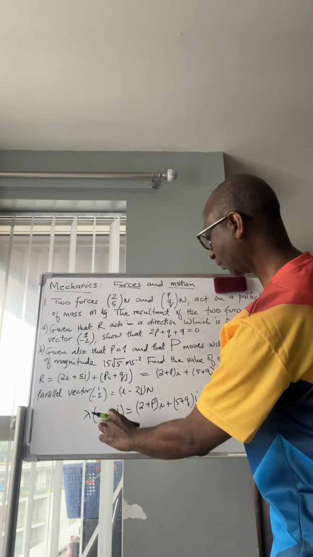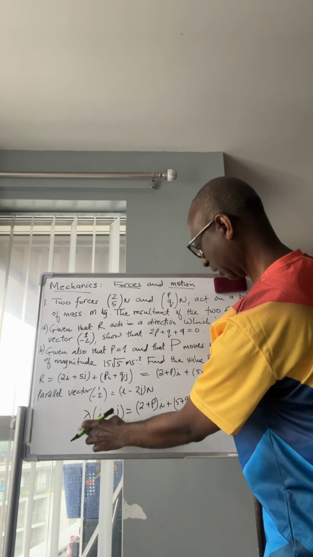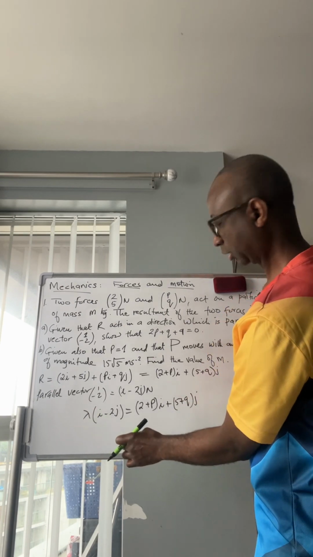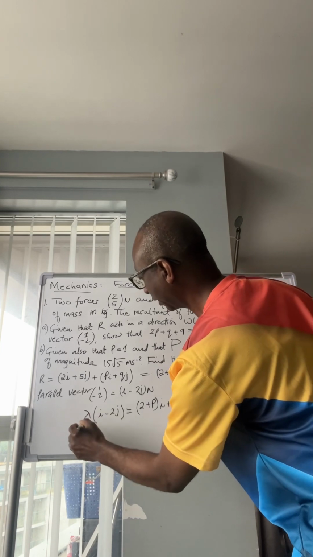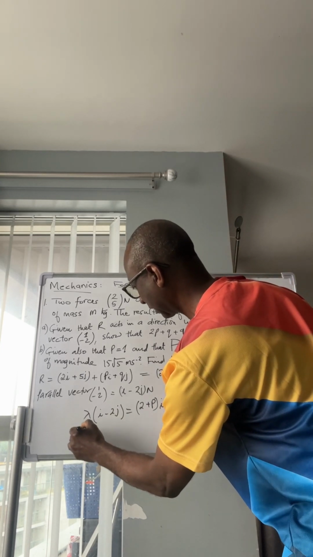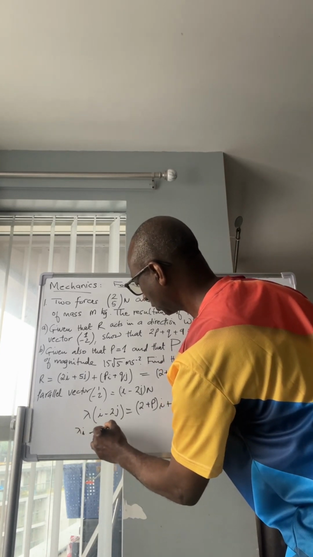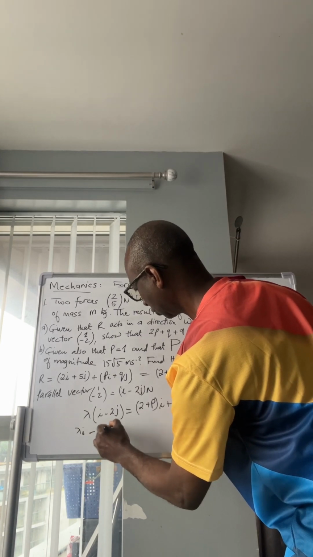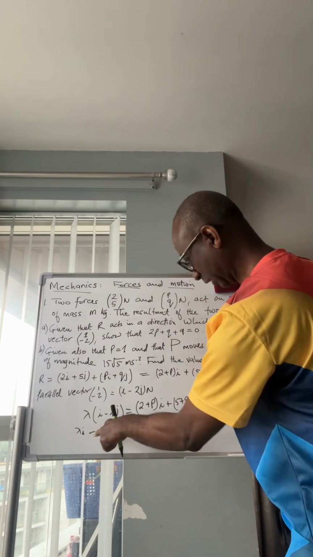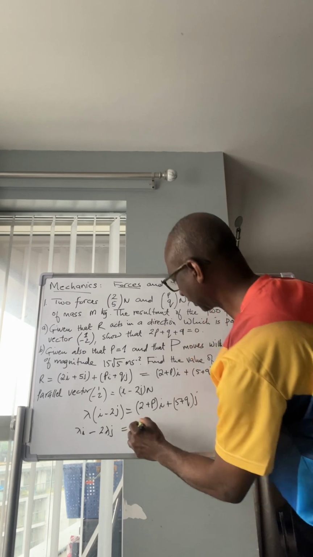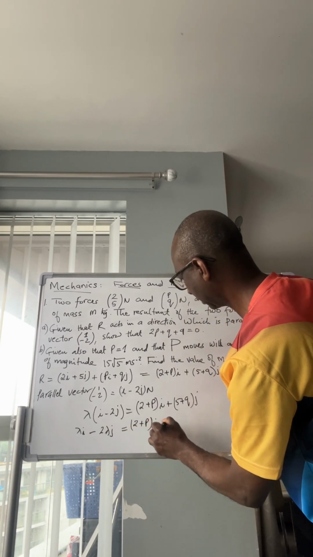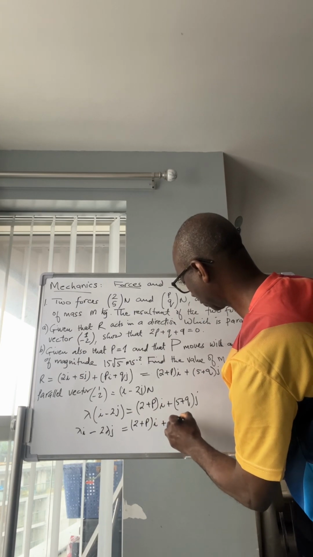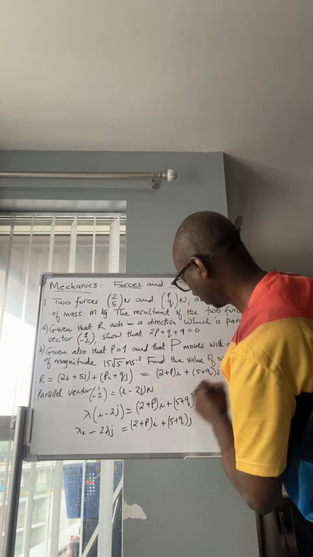So you have lambda i, if you distribute lambda here, you're going to get lambda i minus 2 lambda j. This is what you get, and this is still equal to 2 plus p i plus 5 plus q j.